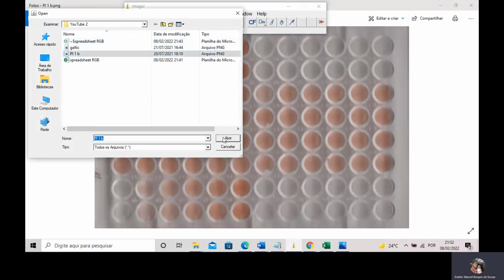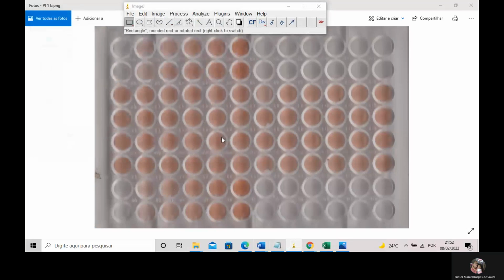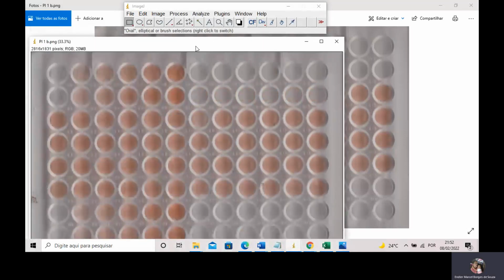You are going to open your plate image. It was opened.